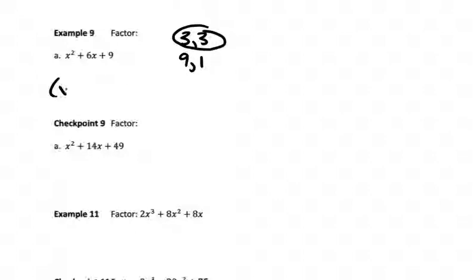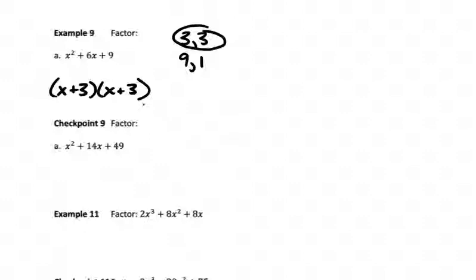So when I set up my parentheses, there's no number in front of x squared here, so we're going back to using the method from the previous video for this. That's going to be x plus 3 times x plus 3. Multiply to positive 9 and add to positive 6.